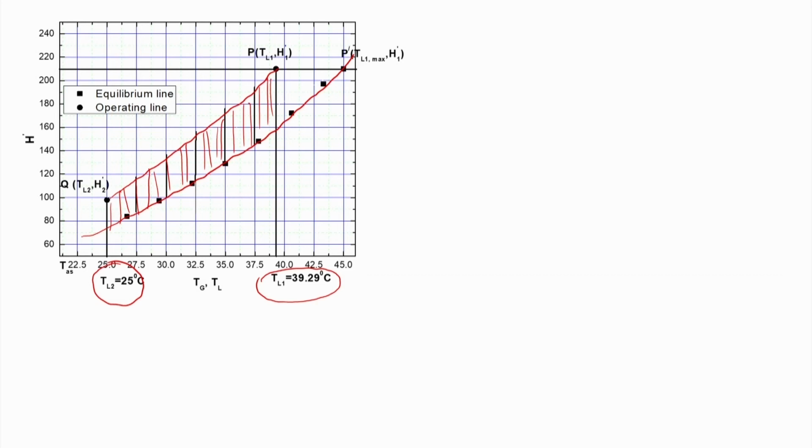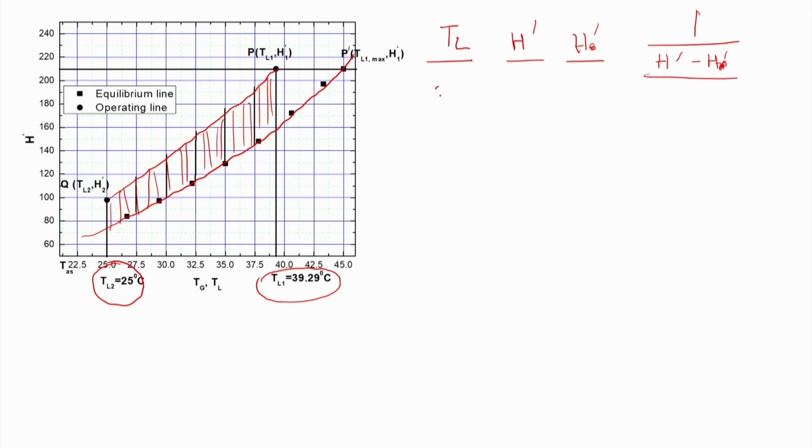Now, the equation for this area under the curve will be like this. Suppose we take one TL, for that we will get one enthalpy and one equilibrium enthalpy, and for getting this area we will use 1 by H minus H star, because here all the time H star will be lower than the actual enthalpy value.